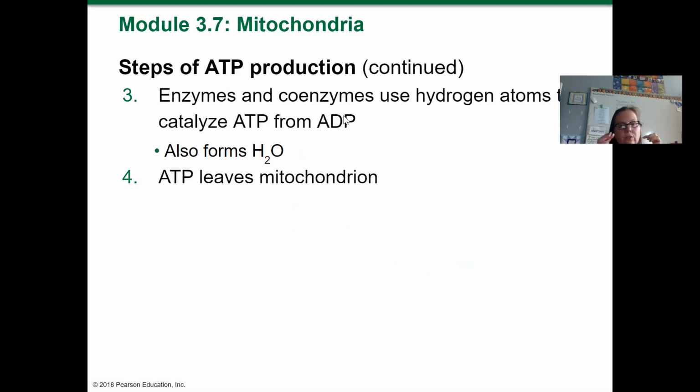So you're taking the hydrogen atoms, the energy, and putting it into ATP. It also forms water as a byproduct. This whole process took a big molecule, glucose, and broke it into smaller molecules that the cell is more capable of using for things like muscle contraction, cilia movement, or active transport. They can't use glucose, they need something smaller.